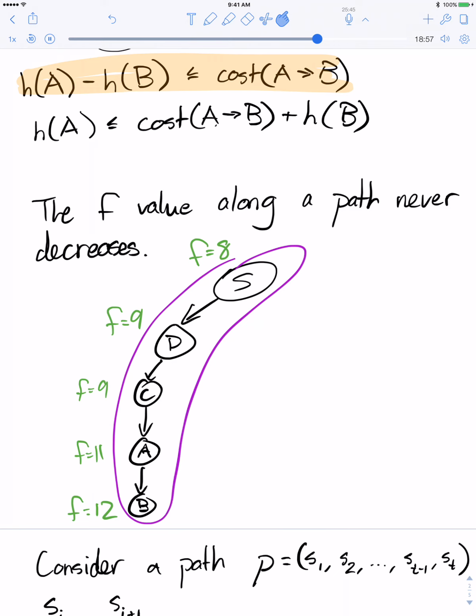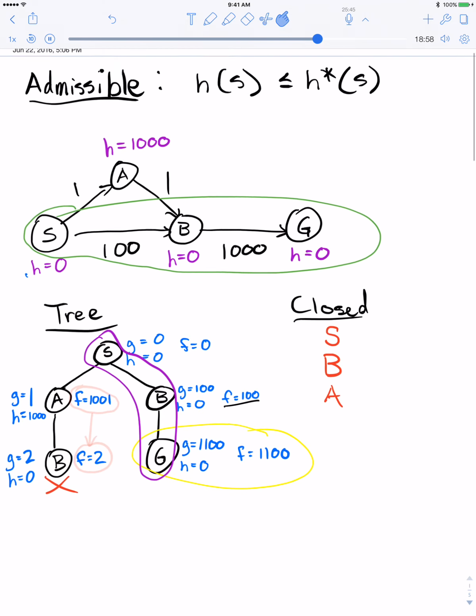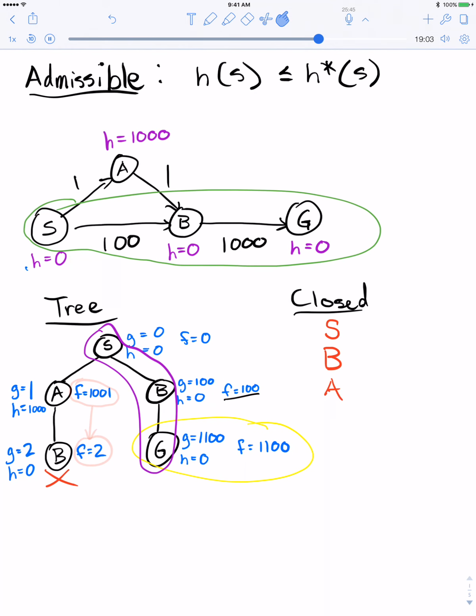Well, before getting into that, I just want to point out, really quickly, back in that example we looked at where the heuristic failed, the heuristic that was not consistent, did we actually run into a situation where the F value decreased? Yes, we did, and that's, in a sense, why we had this problem. Look right here.